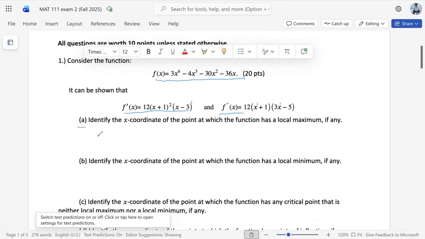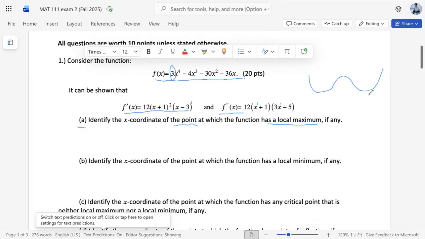So A wants us to identify the x coordinates of the point at which the function has a local maximum. This is a polynomial of degree 4, and the leading coefficient is positive, so the graph looks like W. No, this is the wrong graph. It looks like this.